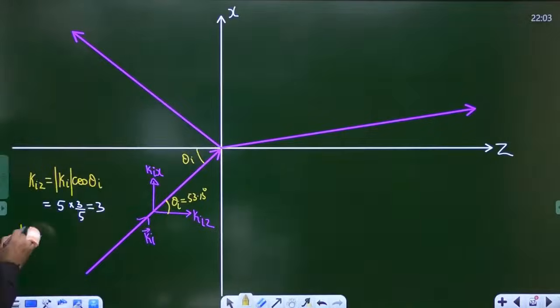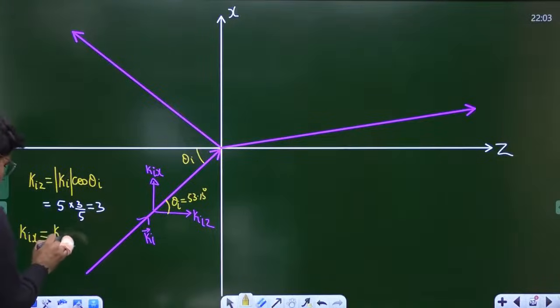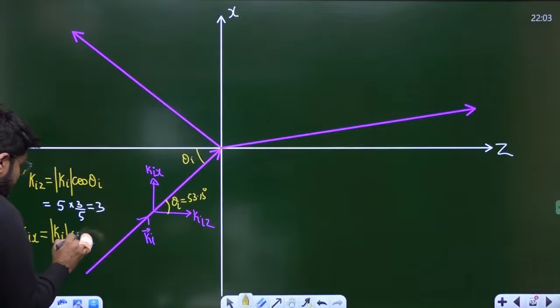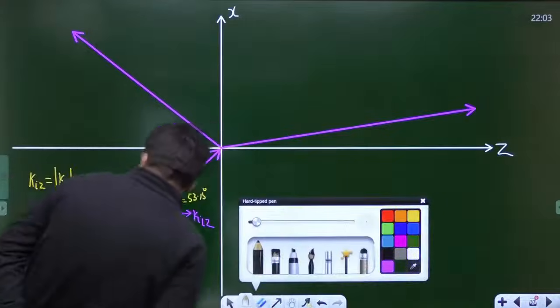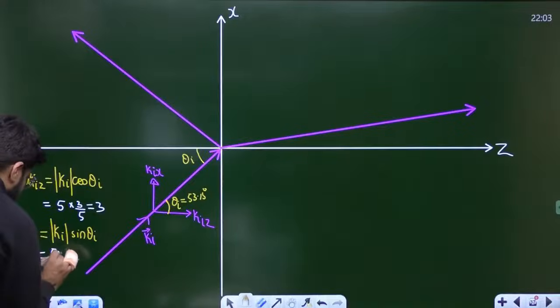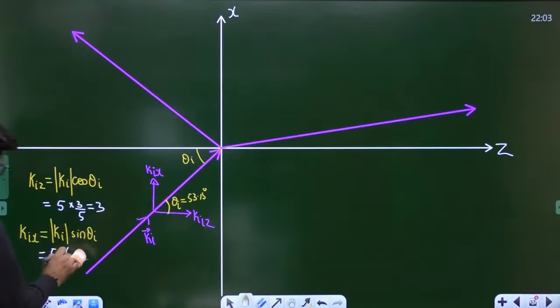Similarly, if I want to calculate KIX, what is the X component of this vector? The vertical component is given by the sine theta formula, mod KI sine theta. The modulus we already know is 5. Sine of 53 you calculate will be 4 by 5, and this comes out to be 4. So X component should be 4.